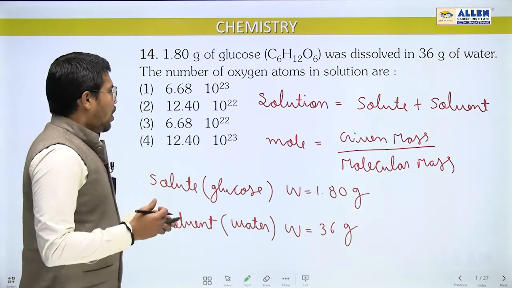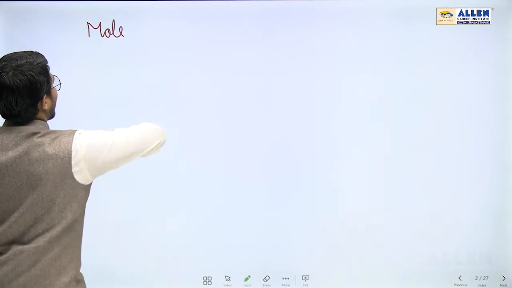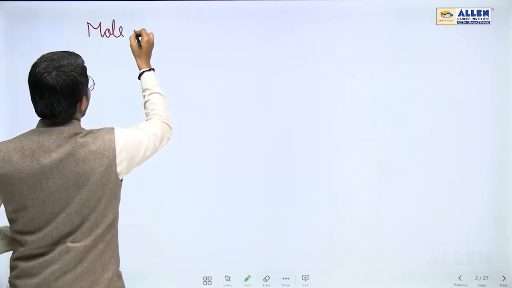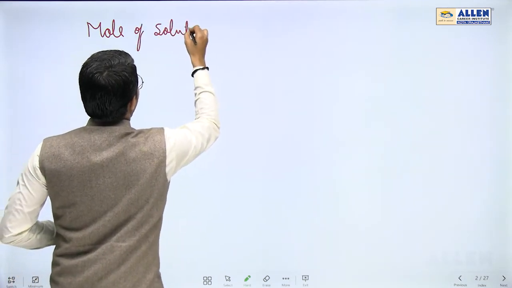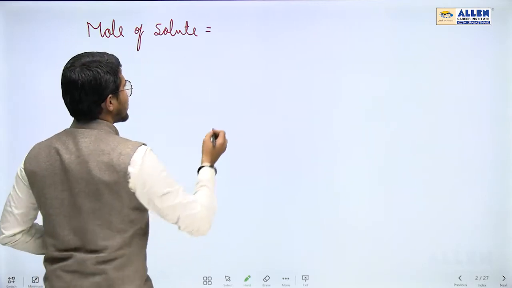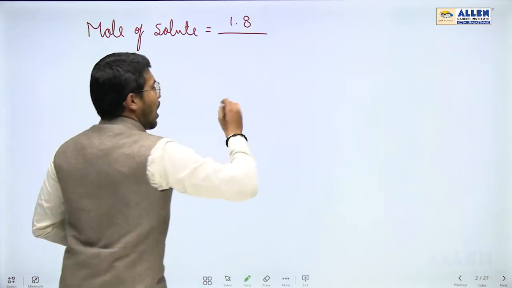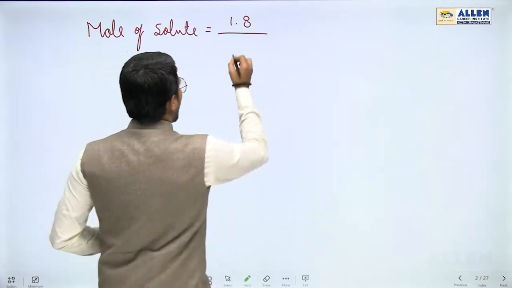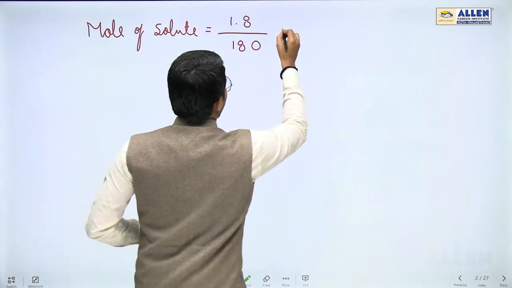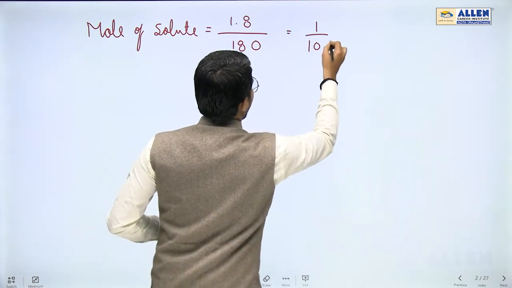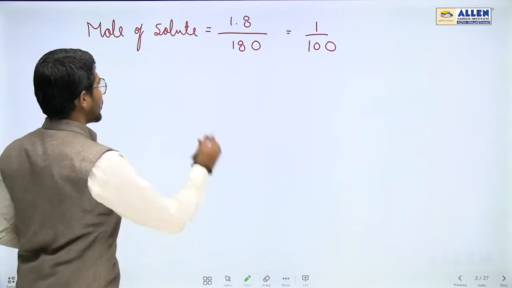So we will solve this by calculating moles of solute. The given mass of solute is 1.8 gram. The molecular mass of glucose is 180 grams. If we solve, we will get 1 by 100. This is the mole of solute.